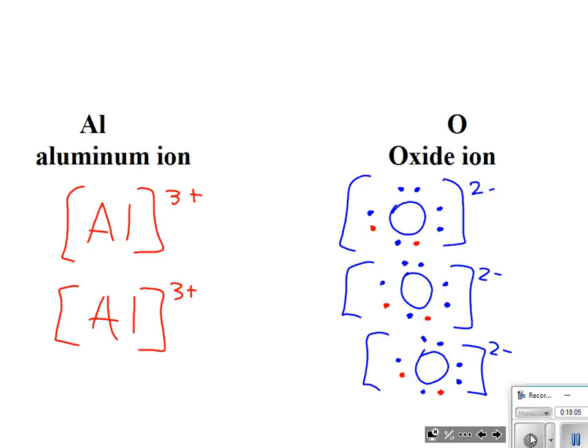I have 3 plus and 3 plus is 6 plus. 2 minus 2 minus 2 minus equals 6 minus, right? So my charges are going to be equal there.